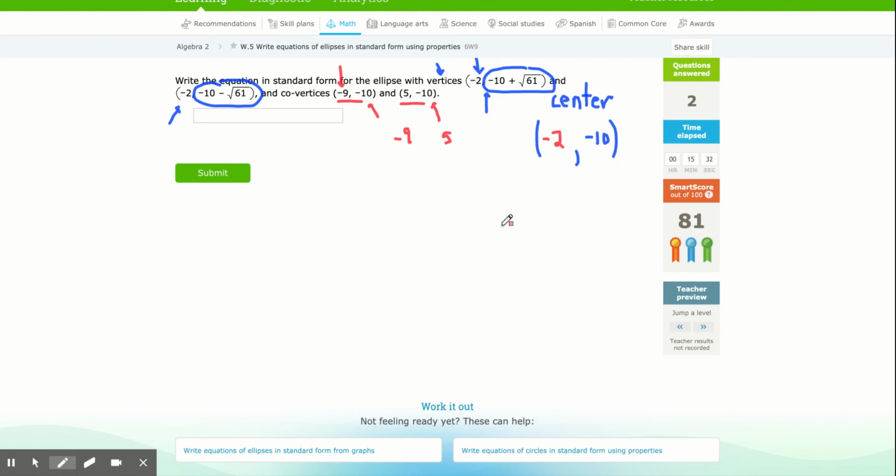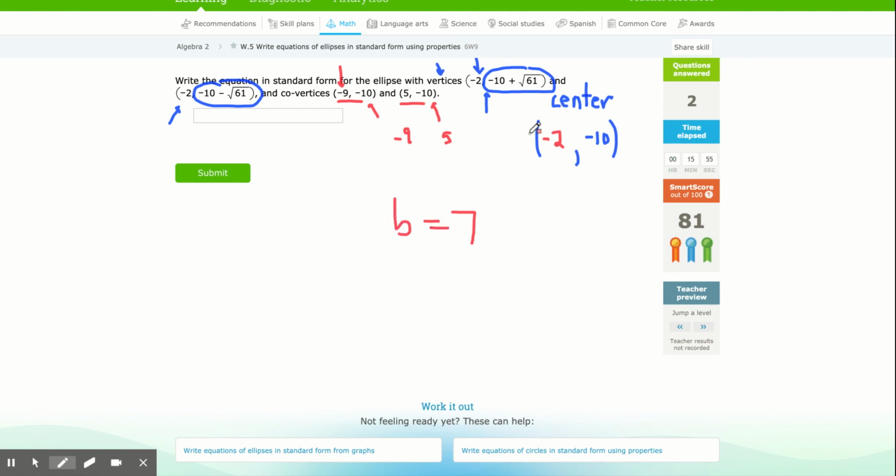Now that I have the center, I also need to know the distance from the center to those vertices. Well, that's easy because I know that I went from negative 2 out to either positive 5 or negative 9. So that means I'm going a distance of 7 to my covertices. So my b value is 7.